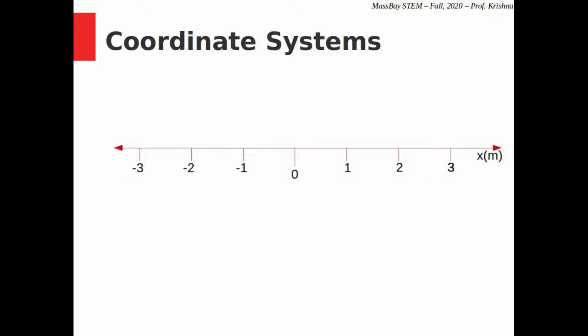Here's a number line. We notice it stretches horizontally along the x-axis. I've marked the origin. A number line does a few things. First, it gives every point on the line a distance from the origin, 1 meter, 2 meters, 3 meters, and so forth.